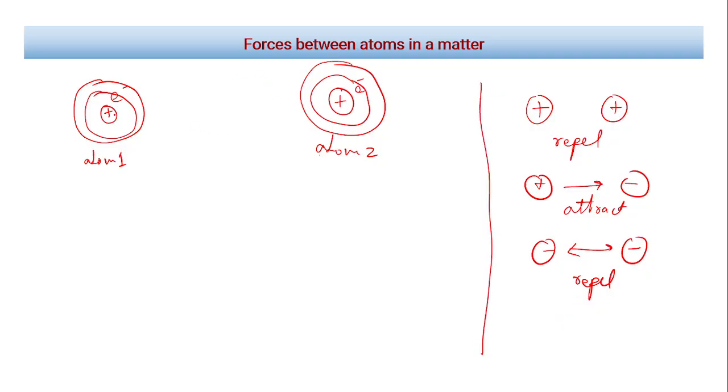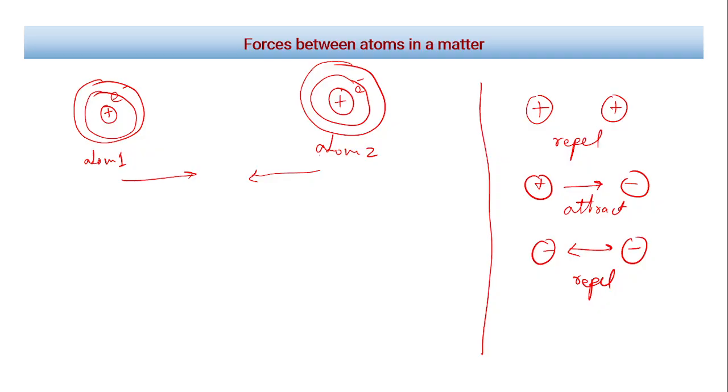Now here in atom 1, I have a positive core and electrons, which are negative, around it. For the other atom also, the same: a positive core at the center and electrons revolving around. Now if I start bringing these two atoms closer, it's just for imagination, because it's humanly impossible to hold two atoms so small and bring them together.